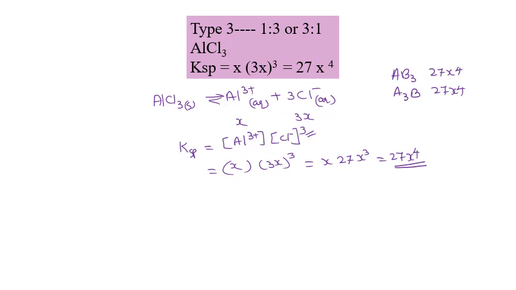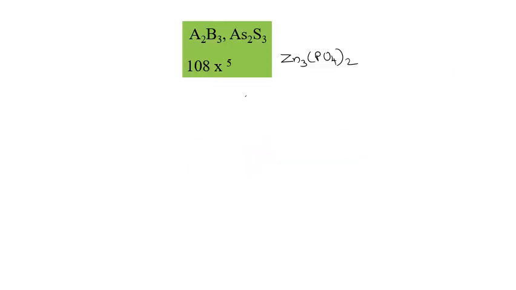All right. Now let us see the last type that I want to explain, A2B3 or As2S3 type. Okay, so that is an example here. So this is As2S3 as one example, and Zn3(PO4)2 is another example, which shows 2 to 3 ratio, or it can have another compound with, I can say, A3B2 type. So that is also 3 to 2 ratio.